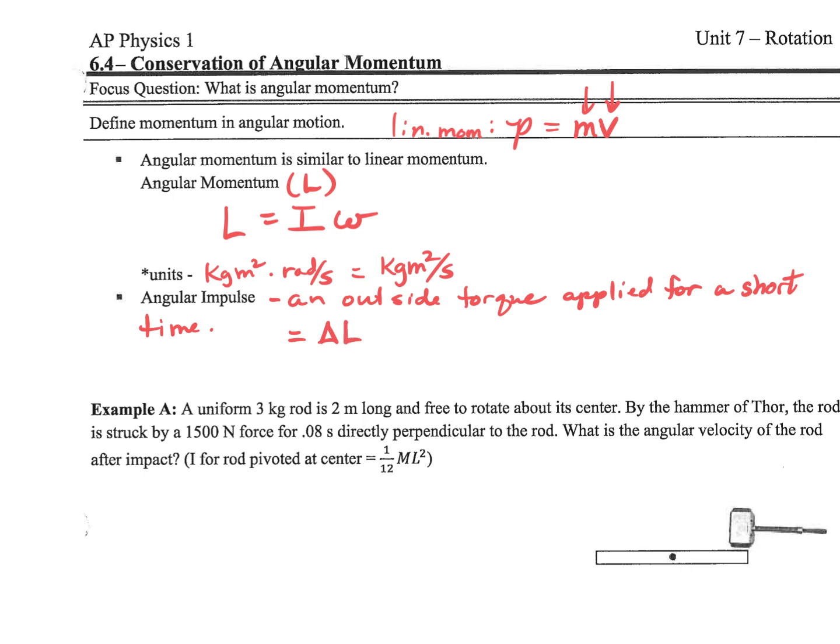So J is equal to delta P for linear, and J theta, which is how we distinguish it being angular, is delta L. Delta L is going to be equal to torque times time, just like this is equal to Ft for linear, because torque is the force equivalent in rotational motion.